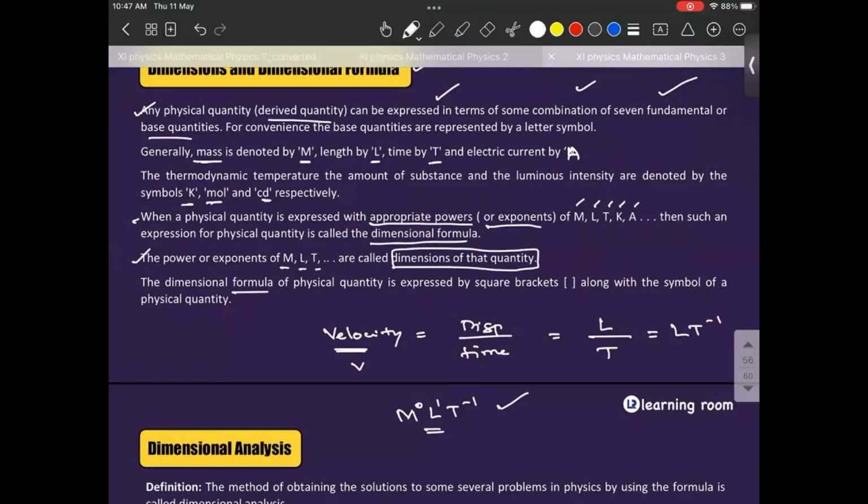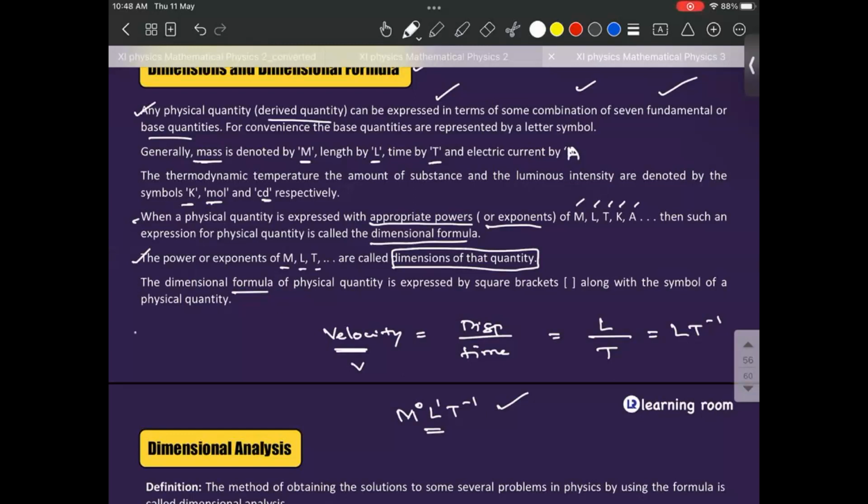Suppose you write mgh for potential energy: m is mass, g is acceleration due to gravity, and h is the distance from a reference. So there are certain symbols which are used for physical quantities throughout physics.